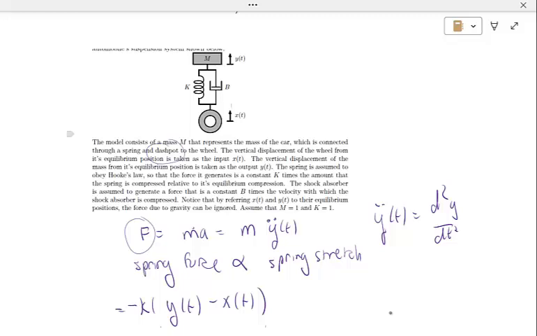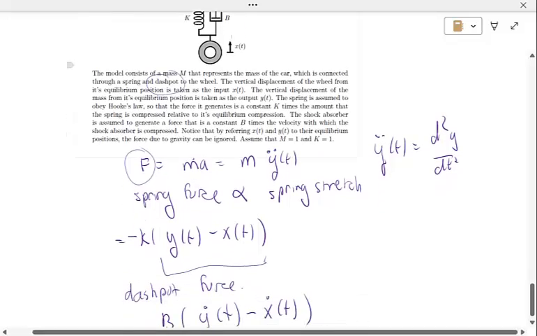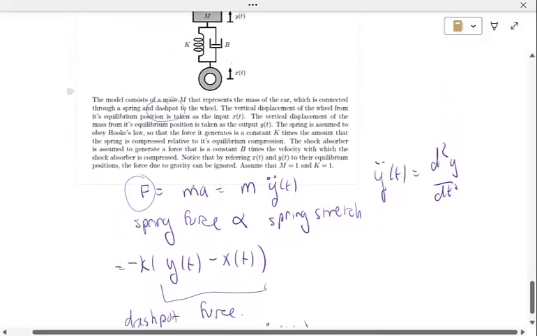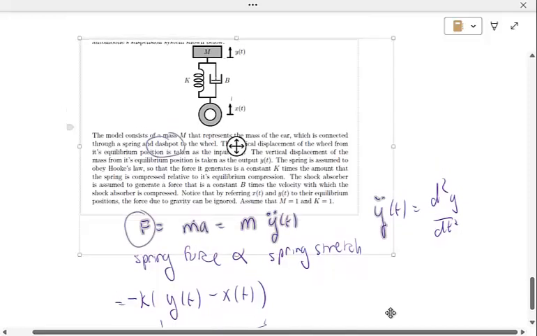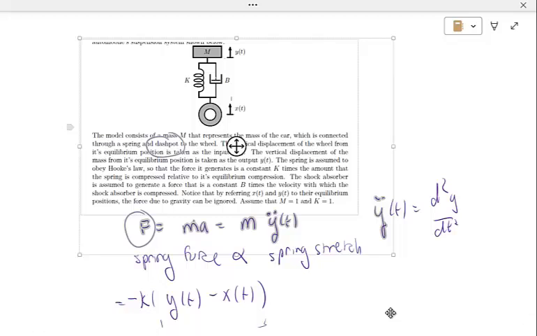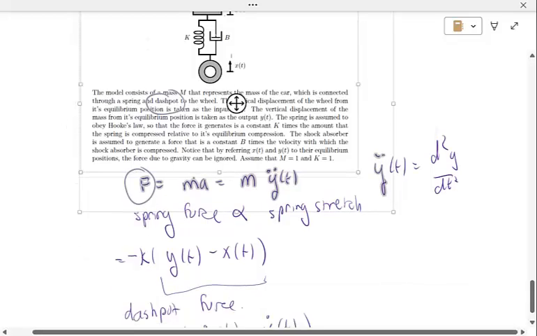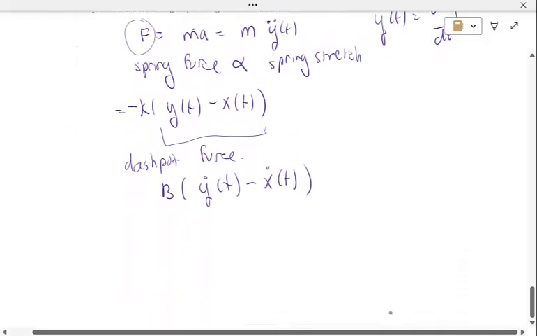But the force is going to depend on the change in the y and the x. Now, we also have to think about the sign of this. If y of t minus x of t is growing, then the force is going to resist the growth. Okay? So that means that if I have a positive derivative here, I'm going to have a negative force here.